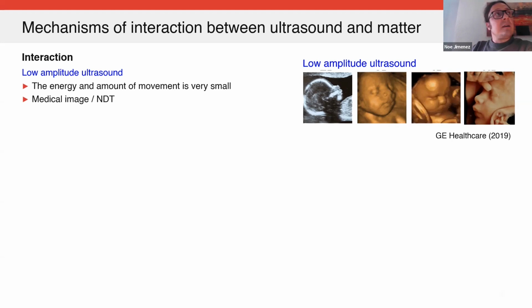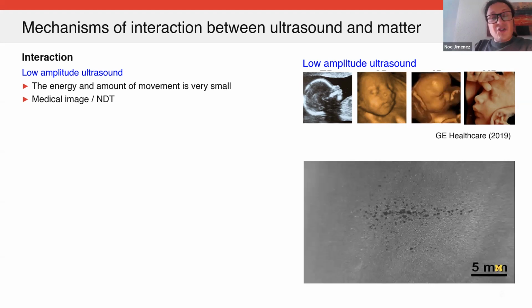But things really change when you use very high amplitude waves, because this energy and momentum that the wave carries, you can transfer to the medium, and you can interact with matter in many different manners.